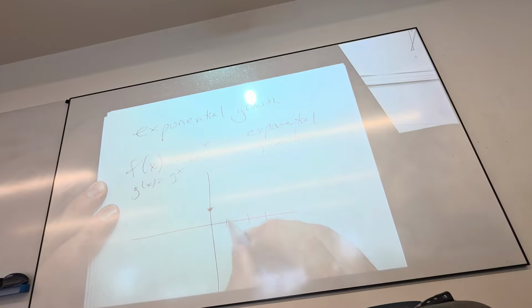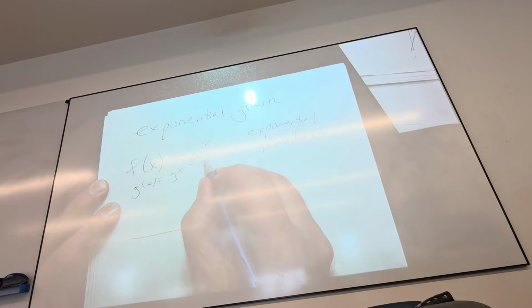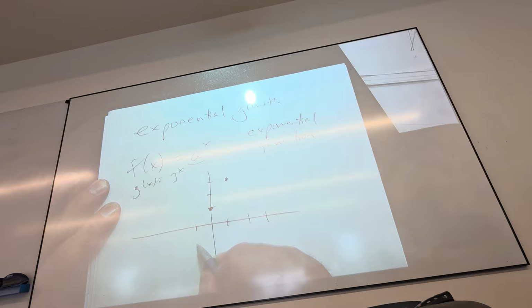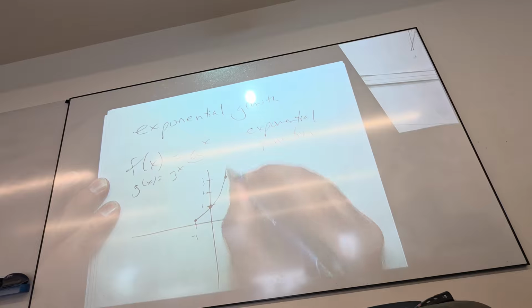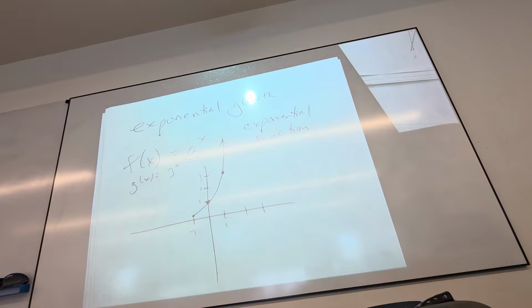What do I get when I plug a 1 in? 3. And of course, when I plug a 0 into anything that looks like this, except the base 0, I get 1. And if I plug a negative 1 in, I get 1 over 3. So it looks like this going this way, that's the explosive growth.